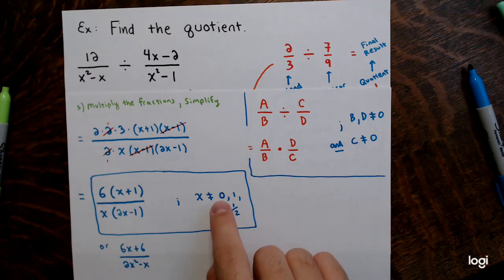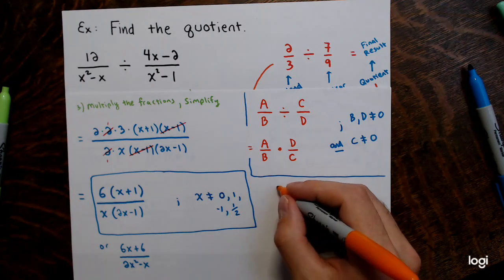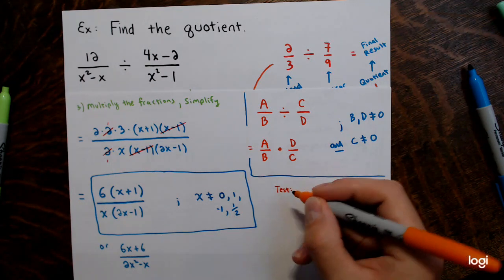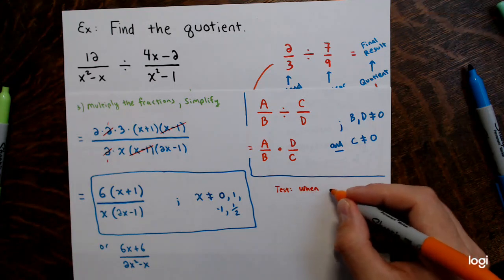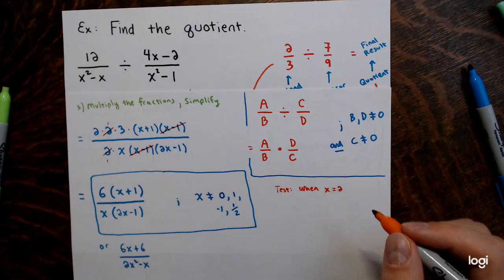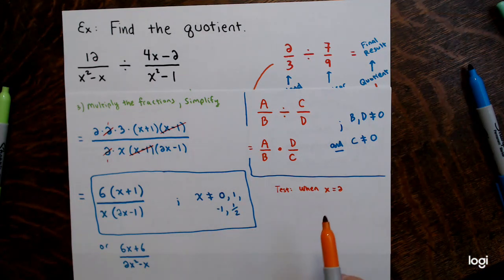Plug in anything but 0, 1, -1, or 1/2. So let me test that out. Let me test with how about when x equals 2? And again, you can do anything as long as it's not these four. So I could try 2, try 3, try 5, try -8, try 1/5, a billion, whatever you want.